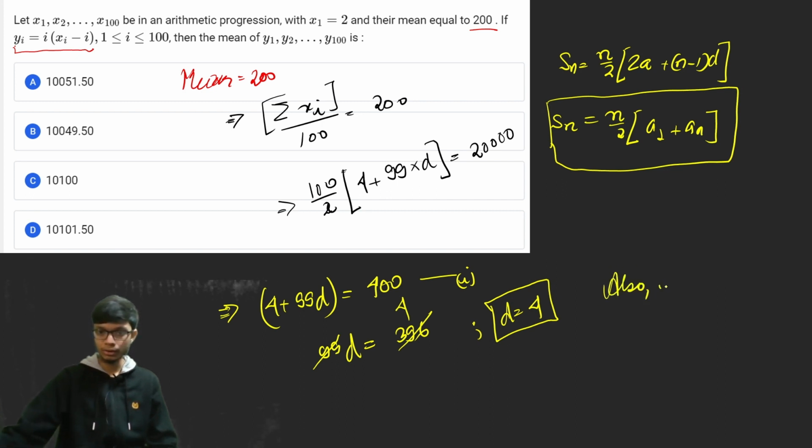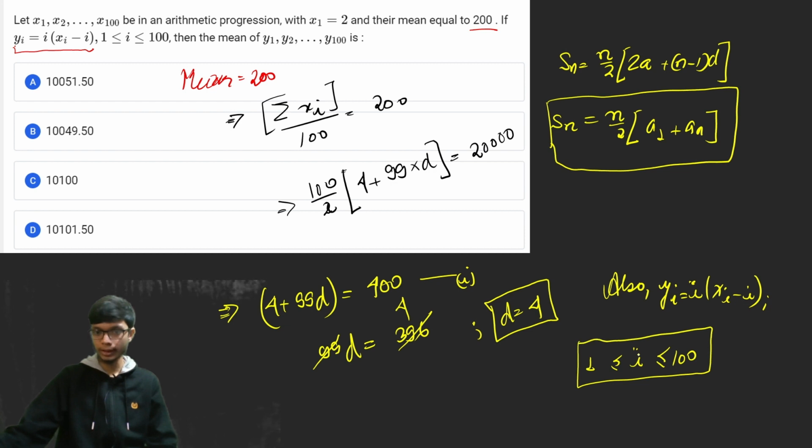It is given in the problem that yi is equal to i times (xi minus i), where i value ranges from 1 to 100.